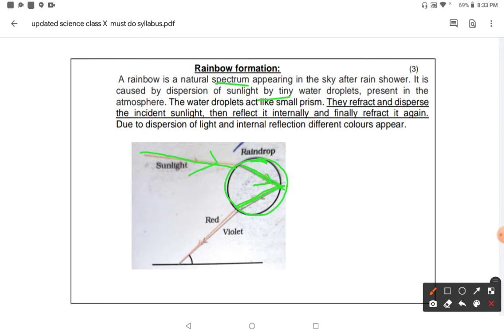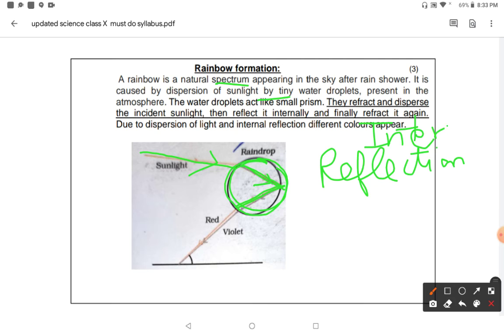So inside the drop, which process is going on? That is reflection. This is called internal reflection, and then it finally refracts out into 7 colors.